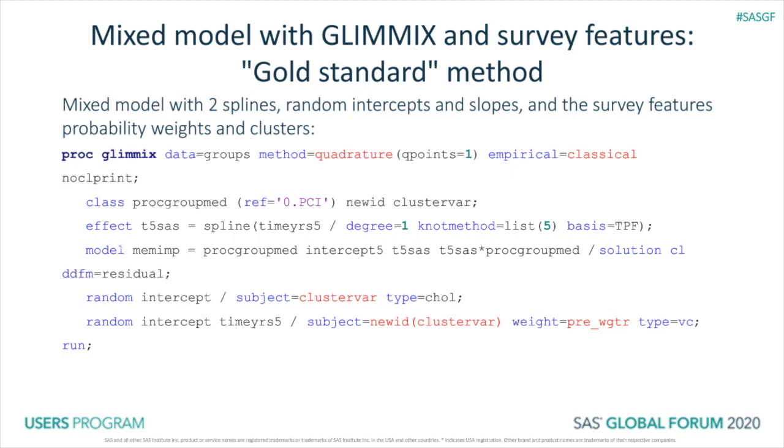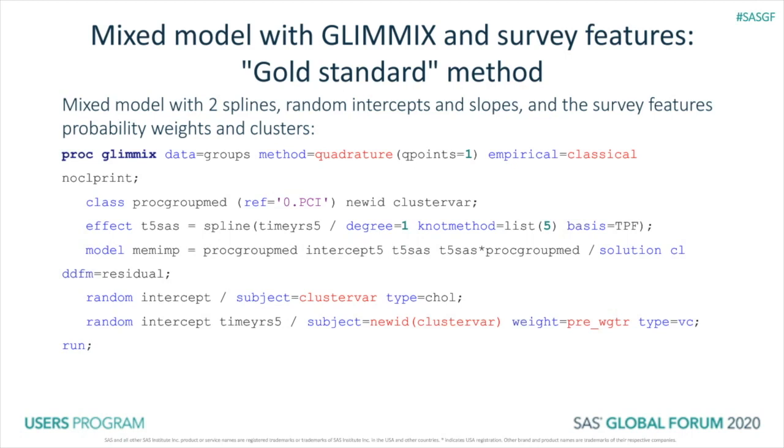The first one is METHOD=QUAD. This means that we are using the quadrature algorithm to get the weighted likelihood function. Then EMPIRICAL=CLASSICAL allows us to use the sandwich estimator to obtain the standard errors for inferences on the fixed effects. Then we have 2 RANDOM statements here.